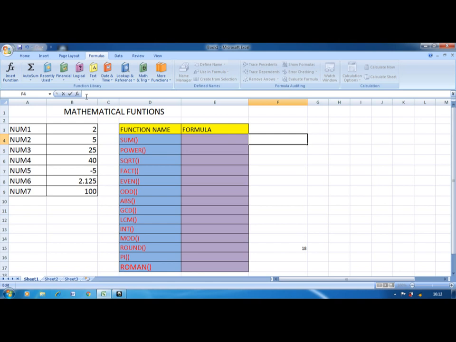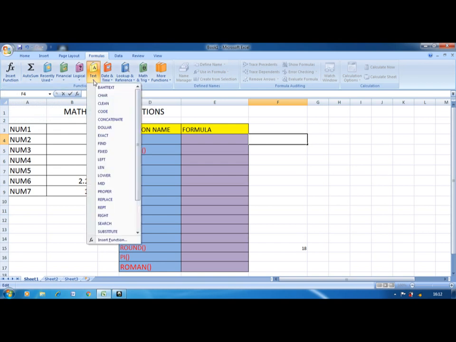Or second, just click on the insert function button. Or if you know the formulas and functions very well, directly click on the formulas tab, function library, select any one of the buttons related to that function and select the function name.